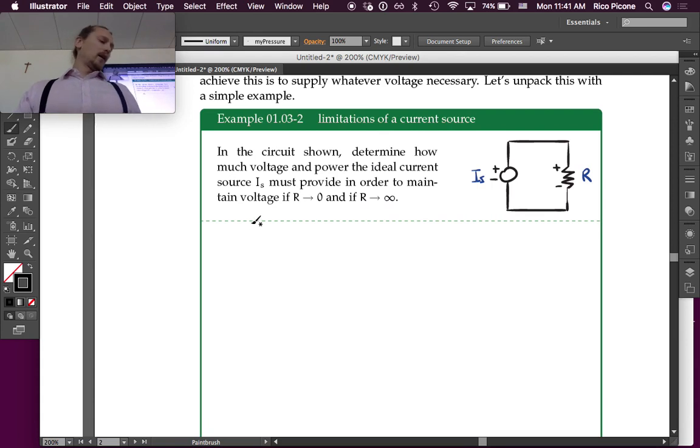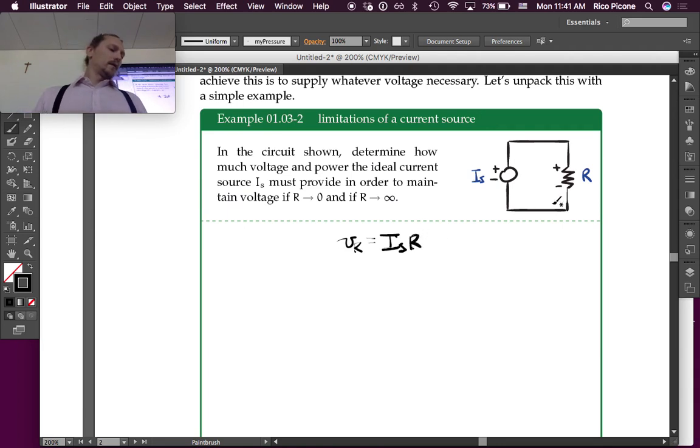We can look at this circuit and say, oh, okay, once again, we can write Ohm's law for the resistor, which isn't going to surprise us because we already used it. But now instead of the voltage across the resistor being specified, it's the current, IS, that's specified by the source.